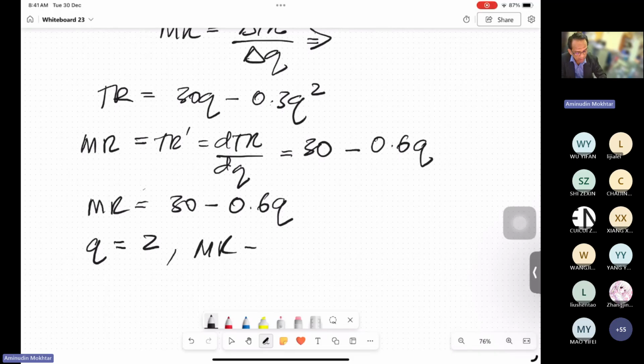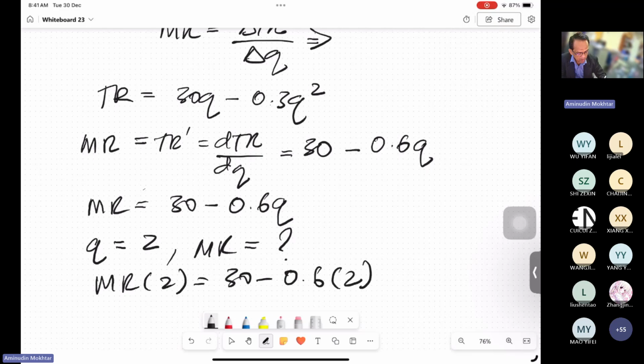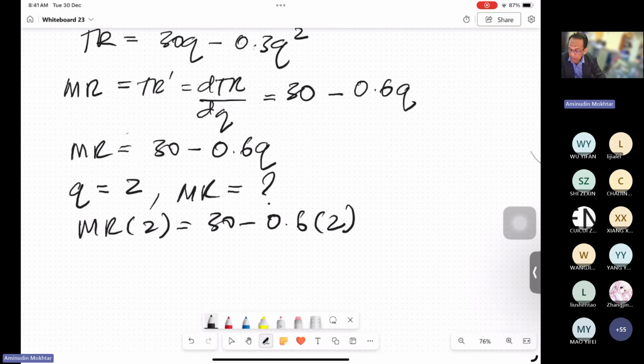MR equals 30 minus 0.6Q, which is 0.6 times 2. So the value of MR is 28.80. That is the relationship between the MR and TR.